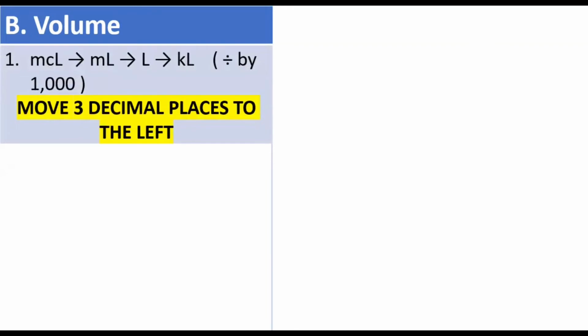In converting volume, we should be familiar with microliter, milliliter, liter, and kiloliter. When converting from a smaller unit to the next higher unit of measurement in terms of volume, we need to divide by 1,000 or simply move the decimal place 3 times to the left.